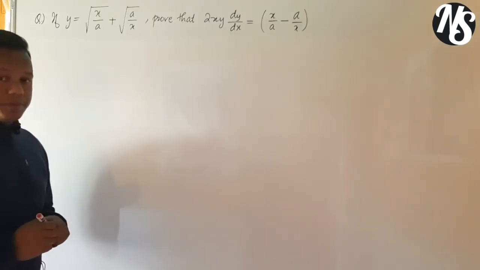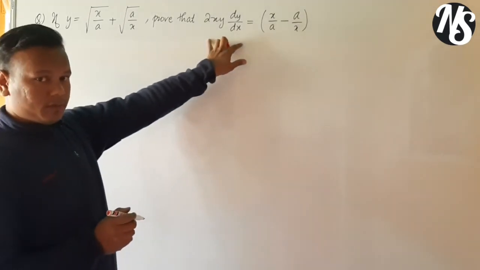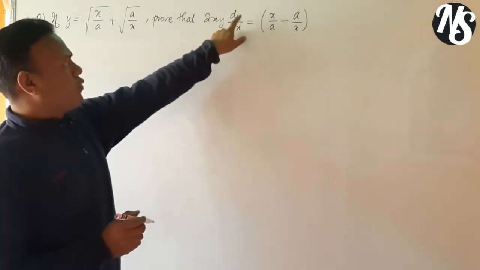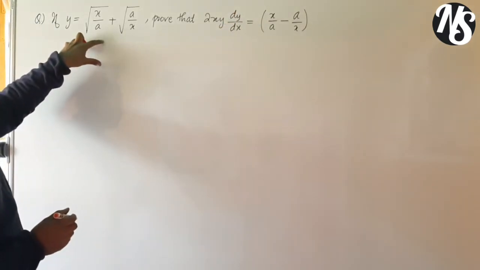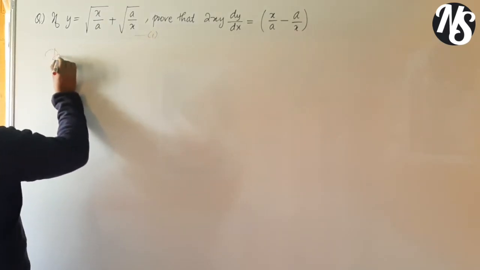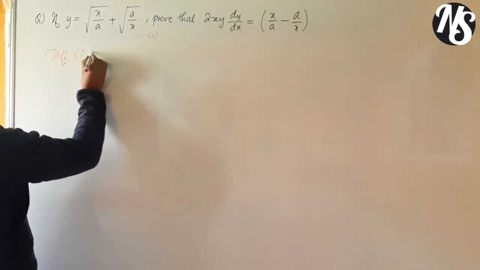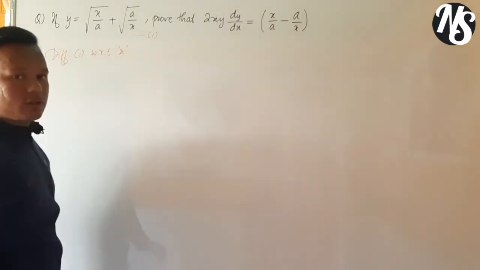Now let's see this problem. The question says y is given to be this much, you need to prove this. So here in the proof you see that there is dy by dx, right? So let's quickly find dy by dx. Let me call this equation number 1. Let's differentiate 1 with respect to the variable x. Remember, a is a constant.